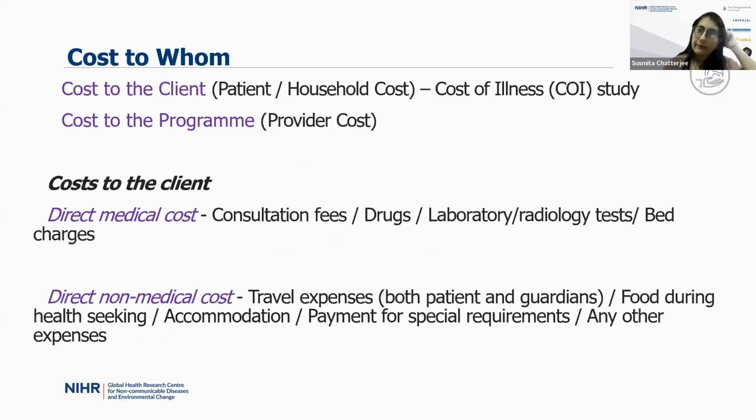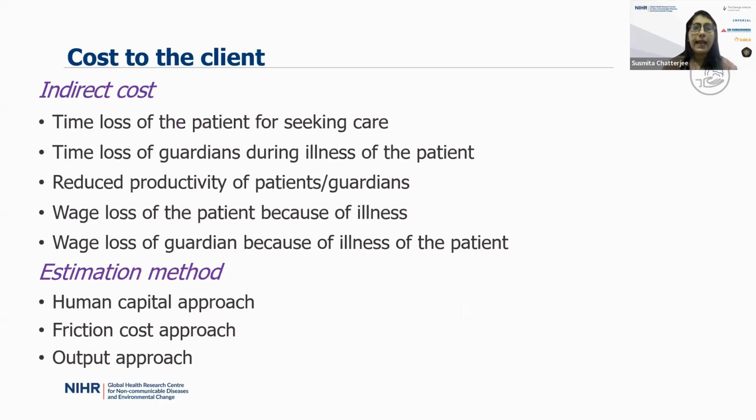After this session, I may share my recent work, a very comprehensive cost of illness study for tuberculosis. You can see what components we took into account, and in indirect cost we took into account both time loss and wage loss, and we used the human capital and output approach. Maybe I'll share that so that you can have a look and understand how it should come in, okay?